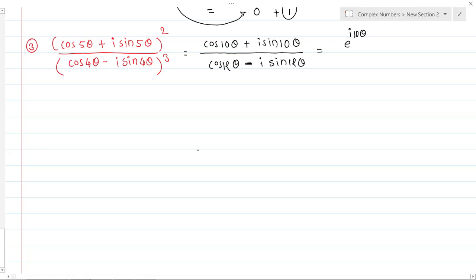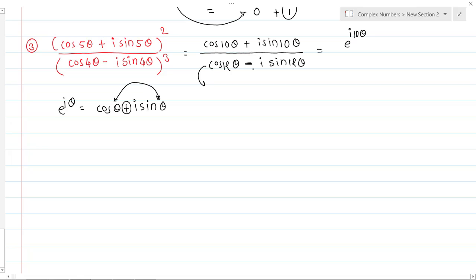Then how will you write it? See what our e raised to i theta formula is. e raised to i theta is nothing but cos theta plus i sin theta. I want a plus, and these two thetas should be the same. This is the form.